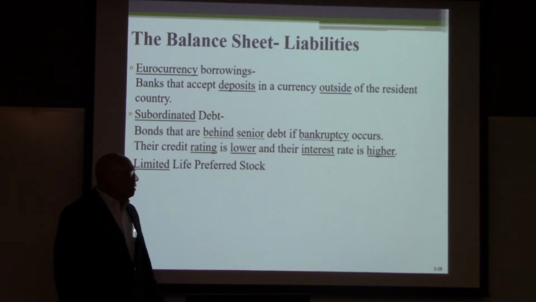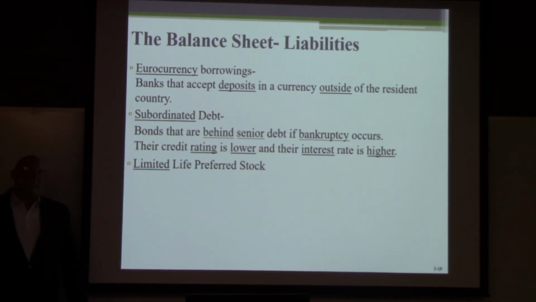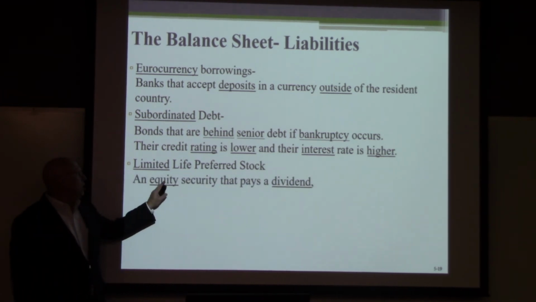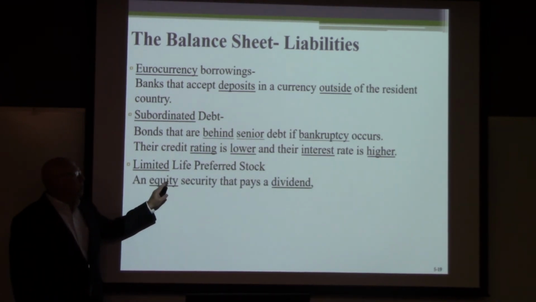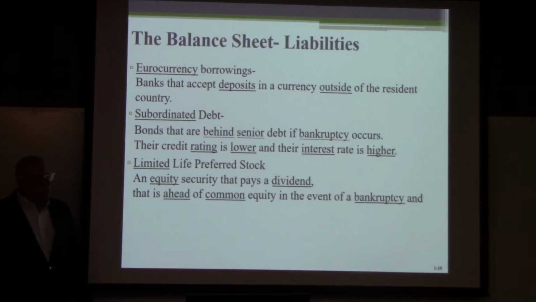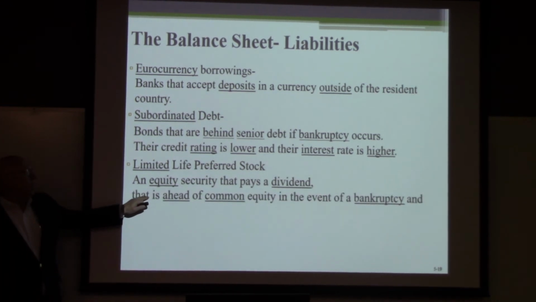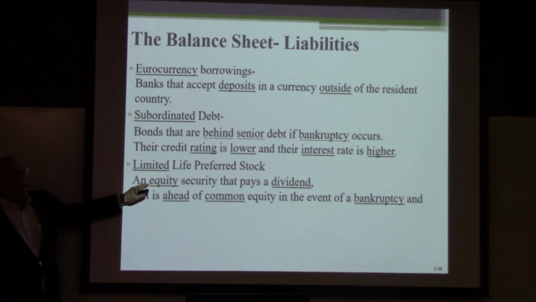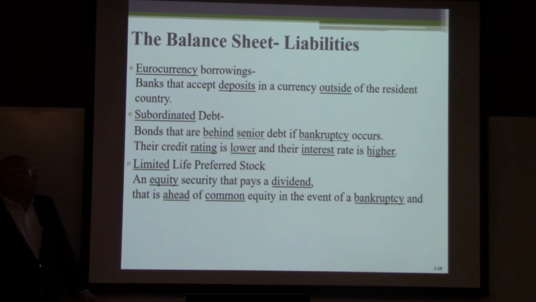Okay. Then we have what's called limited life preferred stock. Okay. So this is an equity security that pays a dividend that is ahead of common equity, in the event of a bankruptcy. So if the firm goes bankrupt, the holder of a limited life preferred stock will get paid back before common equity.